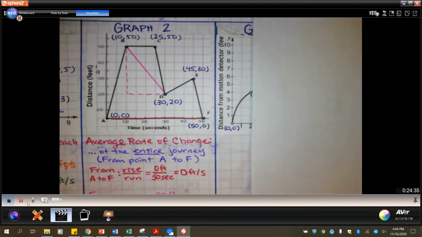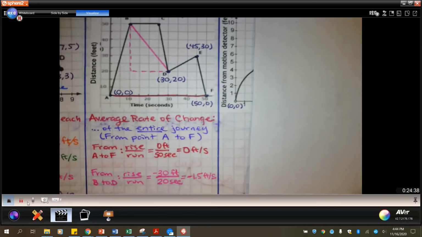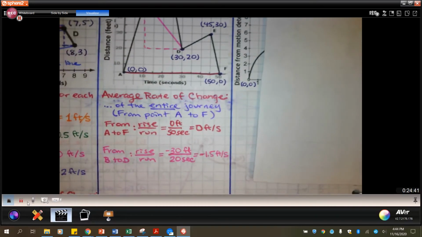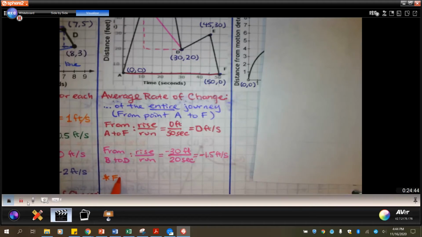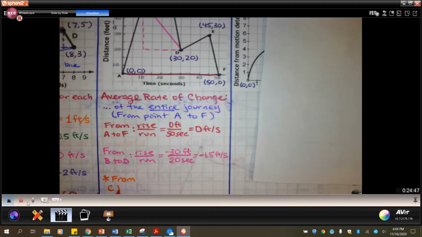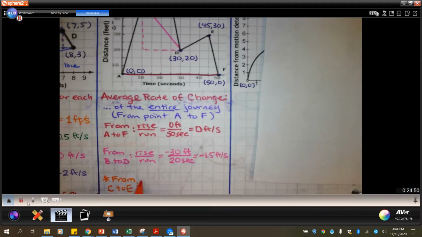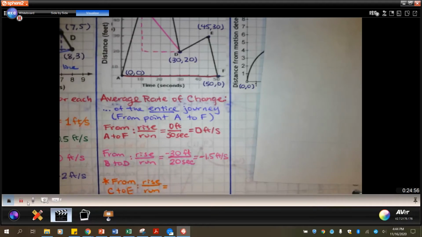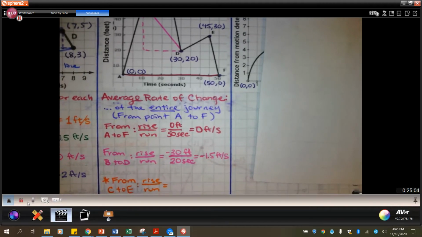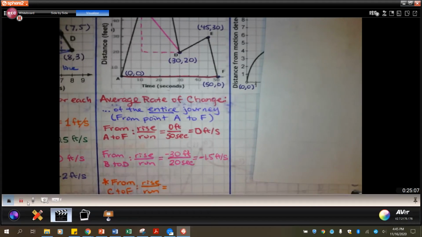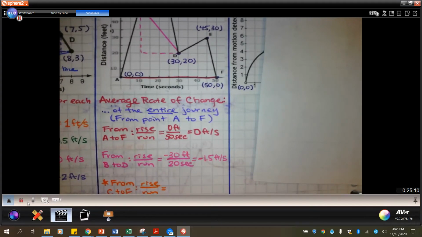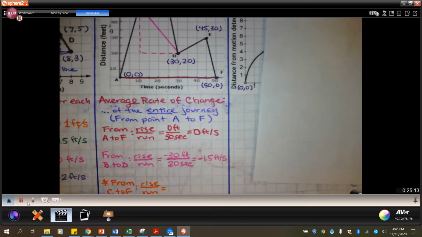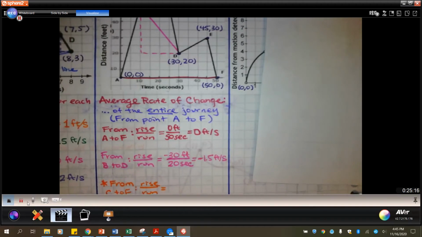Okay? So, why don't you guys find the average rate of change for C to E and from A to D. I feel like we got room.